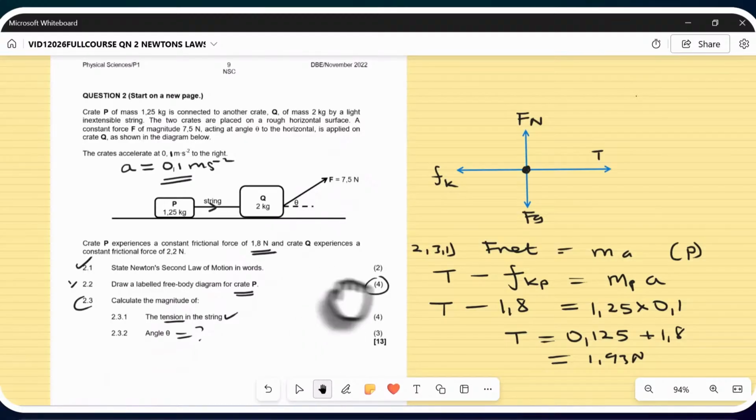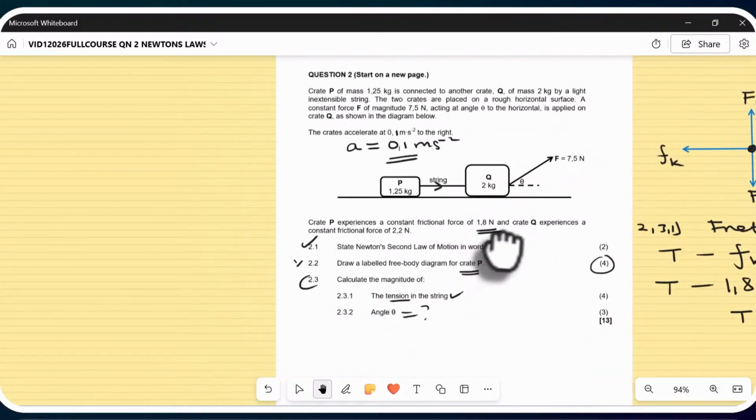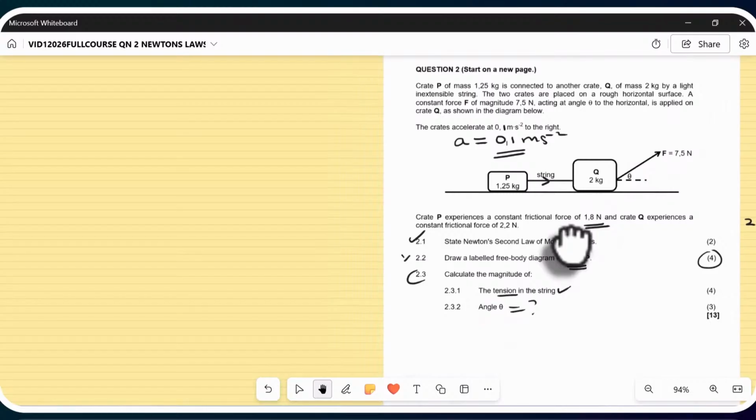This time it is the horizontal component, which I'm going to call Fx, then minus the tension in the rope, then minus kinetic frictional force for Q, equals the mass of Q times acceleration.